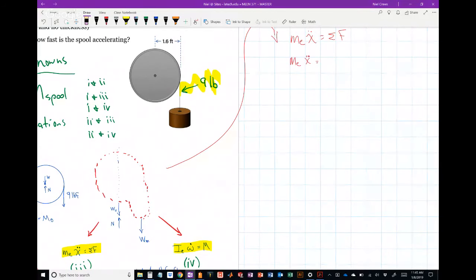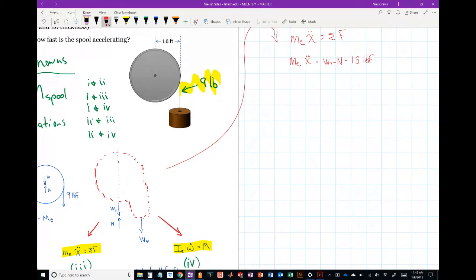So it's the weight of the spool minus the normal force minus this weight here of the mass, which, as we know, is 15 pound force. Again, check out that video. If you're looking for a mass, it's 15 pounds mass. If the equation calls for a force, it's 15 pounds force.